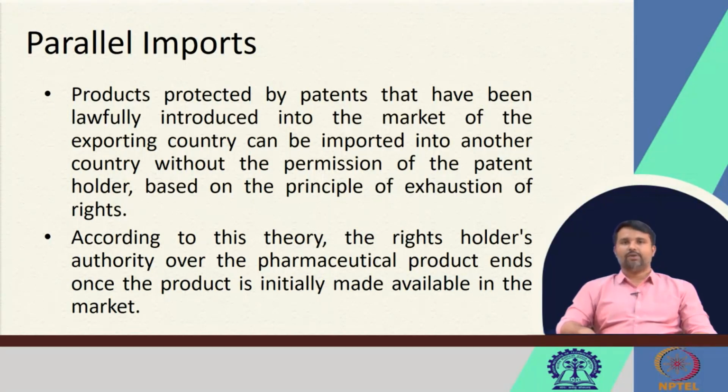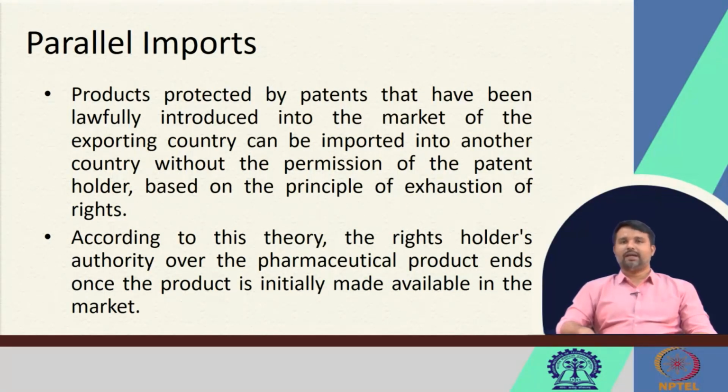So, think of a scenario where a drug which is much needed in India is highly priced here, whereas the same drug is available at a much cheaper price in a foreign country. Then in such a scenario, is it possible to buy the drug from that foreign country and then bring it to India and sell it here?